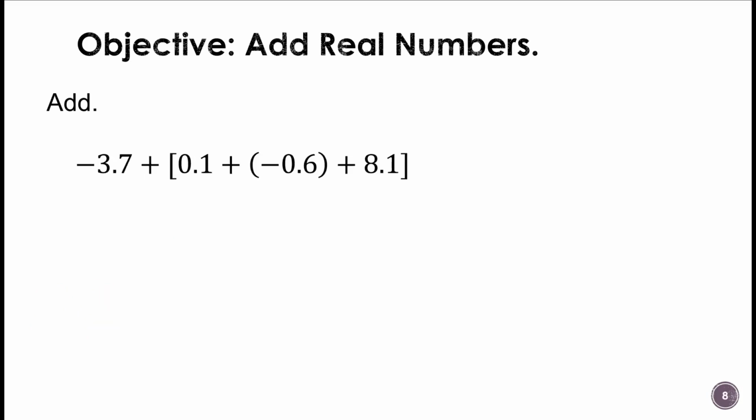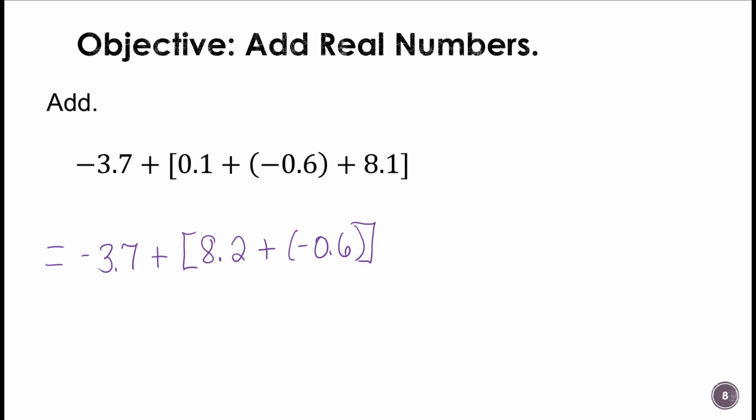All right, here's another one where we have some decimal numbers we're going to have to work with. So we're going to keep the negative 3.7. We're adding, and I'm going to keep this bracket for a moment. I'm going to add 8.1 to 0.1, and that gives me 8.2 plus negative 0.6. Still have a bracket here. And so I have to combine those.